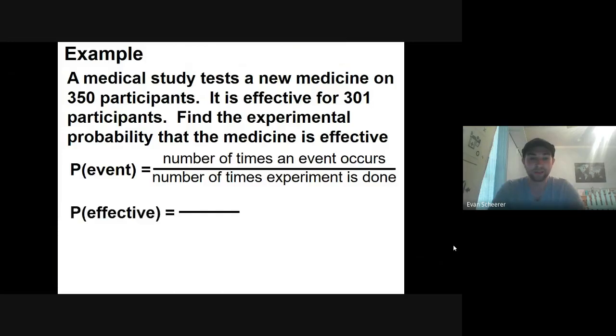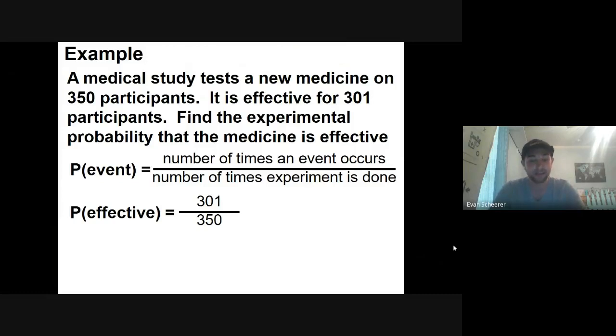Therefore, the number of times the event occurred is 301. It is effective for 301 participants. Right? So it occurred 301 times. But how many times was the experiment actually done? It was actually done 350 times. So therefore, the probability that this is effective is 301 out of 350.